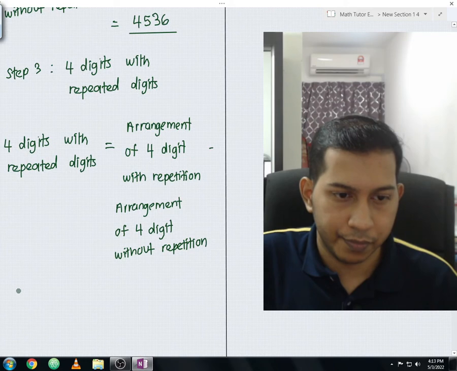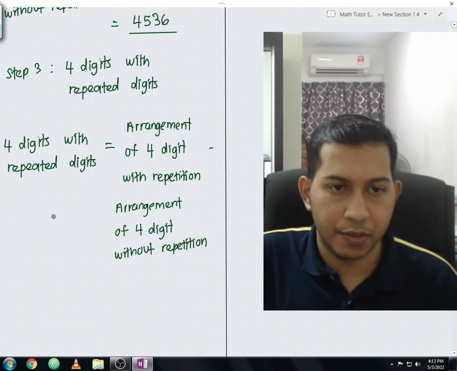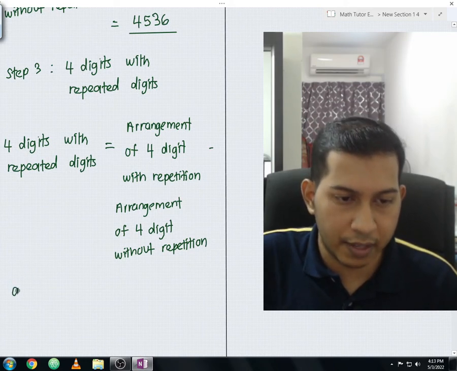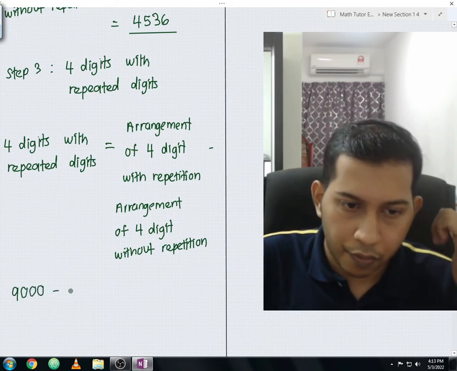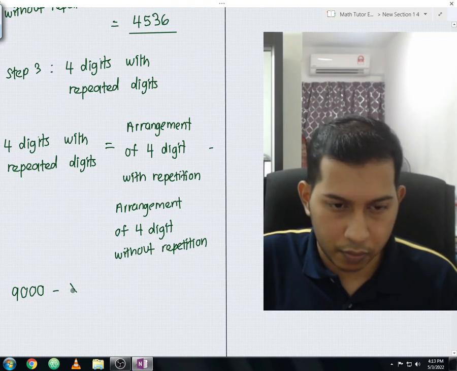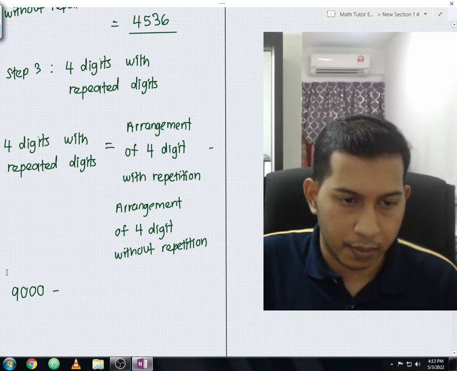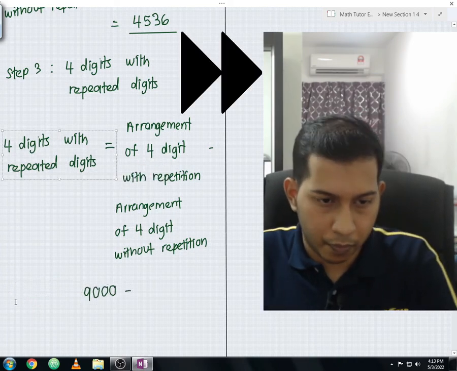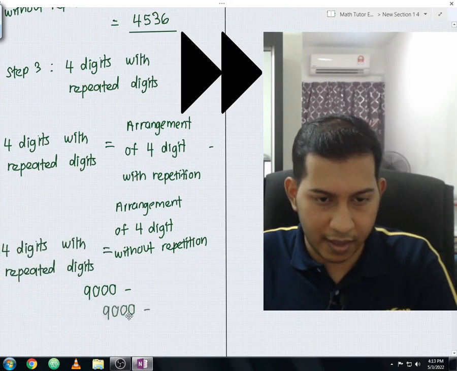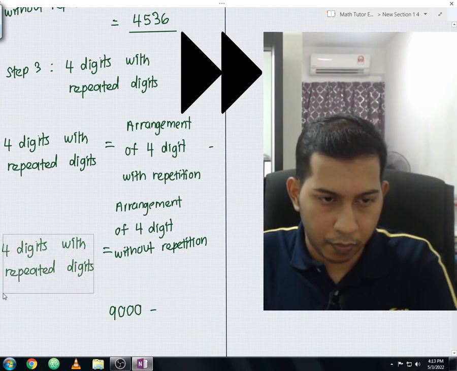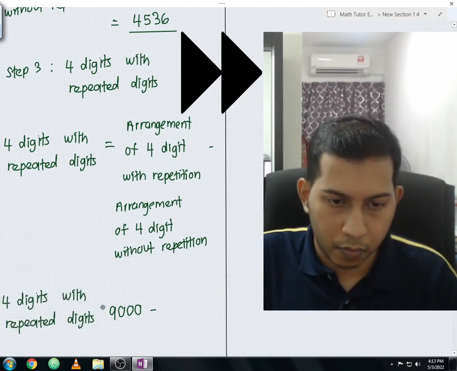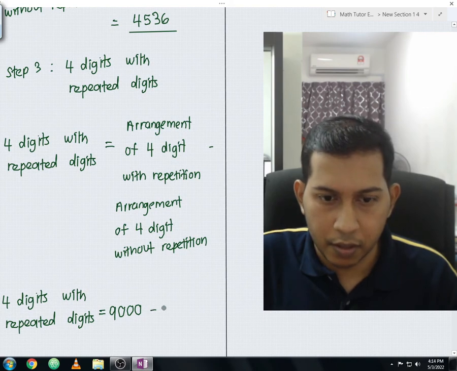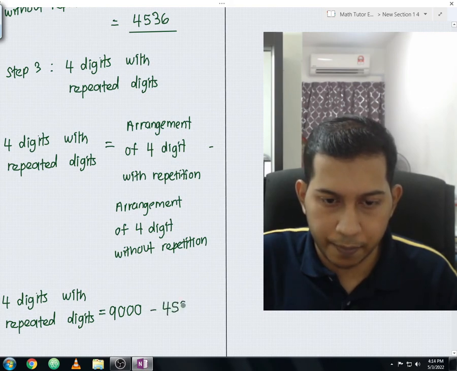To find the 4 digits with repeated digits will be equals to 9000 minus 4536.